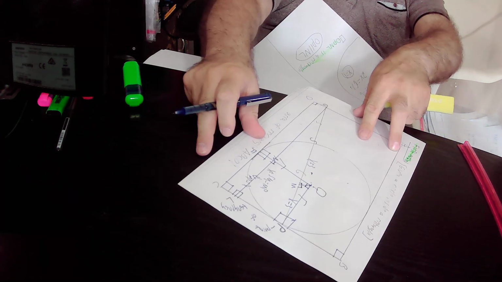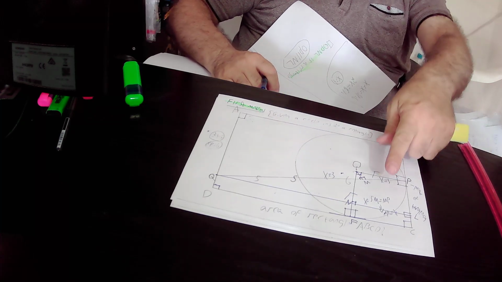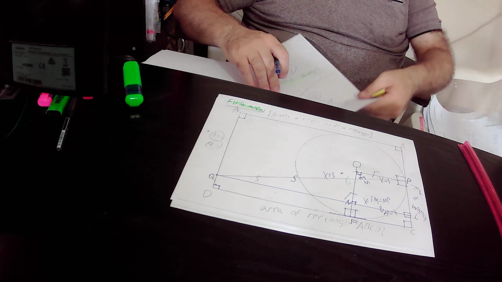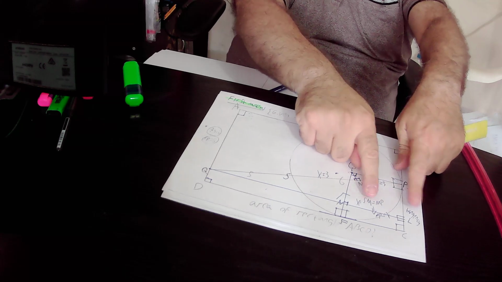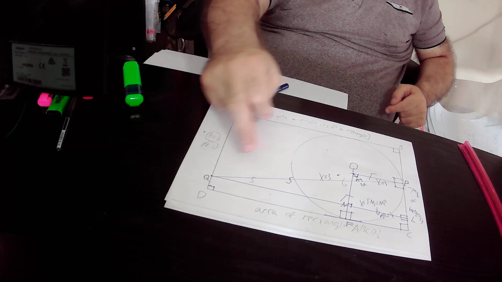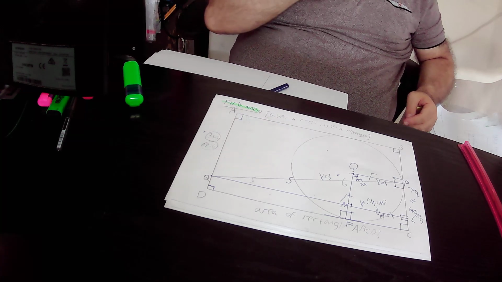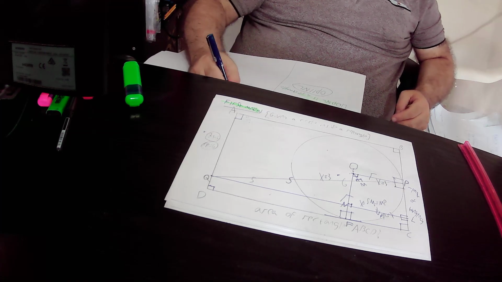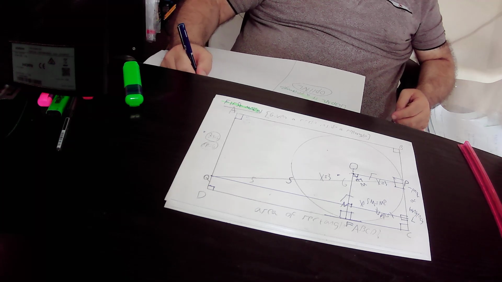You can see from the drawing that NL is part of QL, and QL is the perpendicular from point Q. So QL is a perpendicular, it is absolutely a straight line. So you can write down that QL is a straight line, it's a perpendicular.